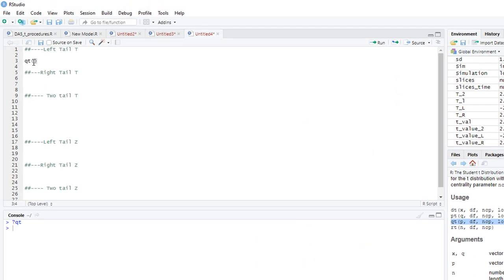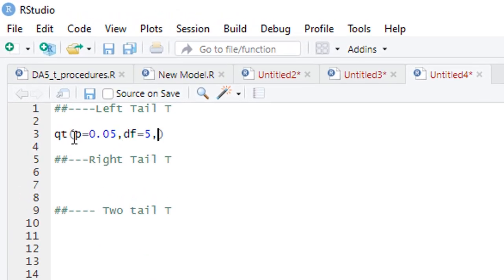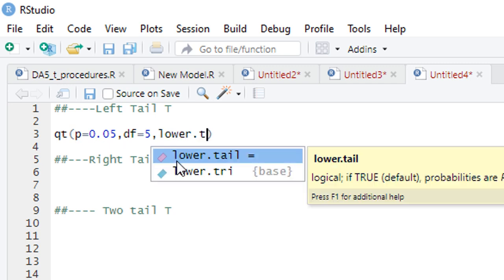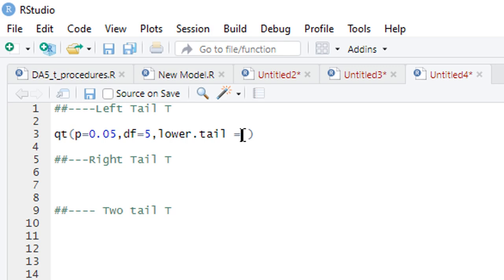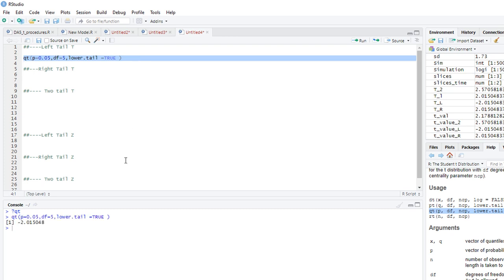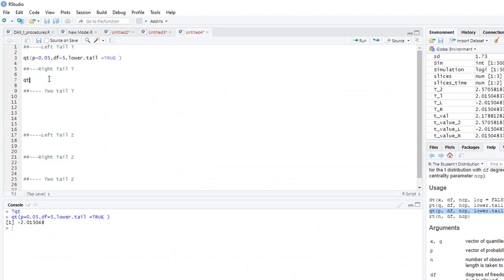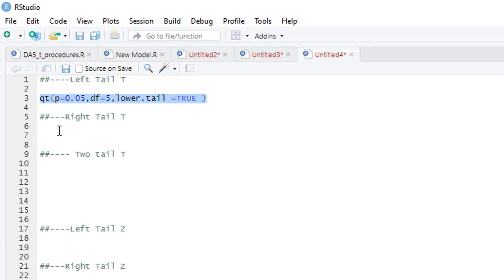Coming to the qt, I have to show you p equals 0.05. My degrees of freedom is 5 and I am taking lower.tail equals TRUE. Now running it, minus 2.015, the same as I have obtained from Excel. Now to calculate the right tail T value, just place FALSE in place of TRUE.